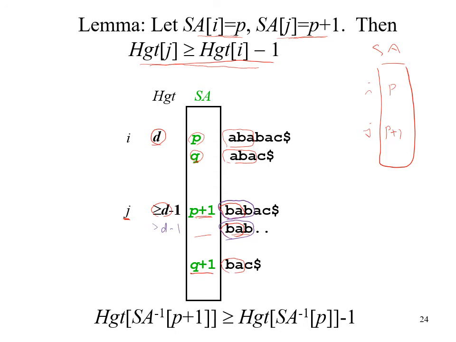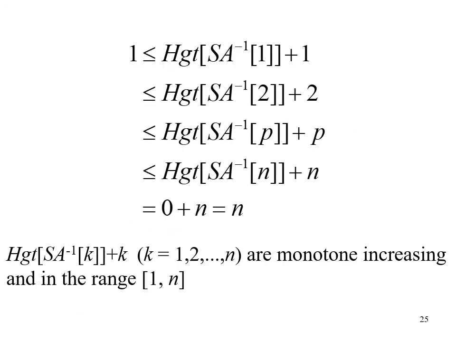Within this formula, we just replace J with SA inverse of P plus 1 and replace I with SA inverse of P. Then we use this property: height of SA inverse of 1 plus 1 is smaller than or equal to height of SA inverse of 2 plus 2, which is smaller than or equal to height of SA inverse of P plus P, and so on.